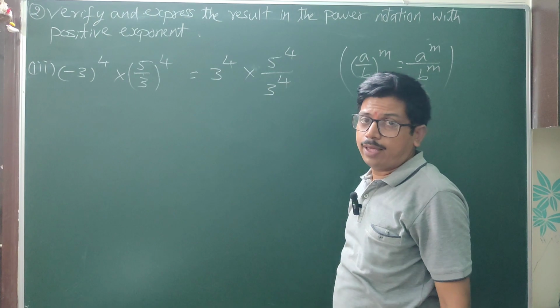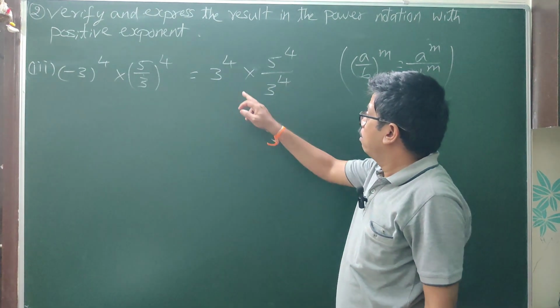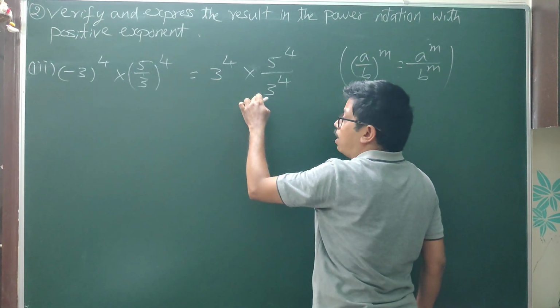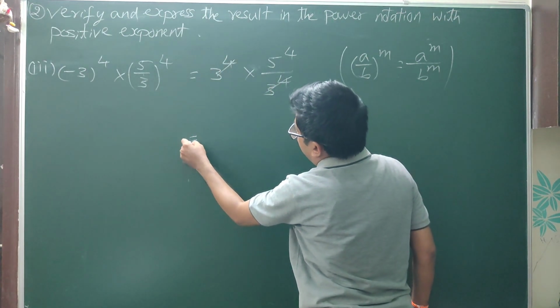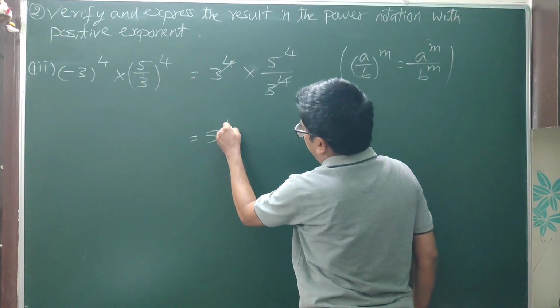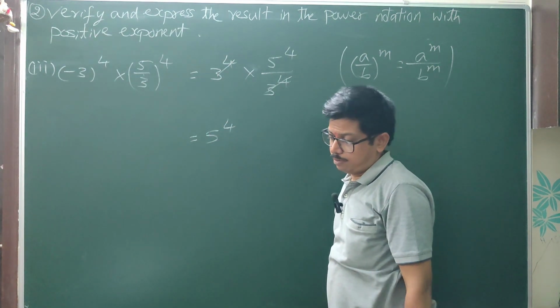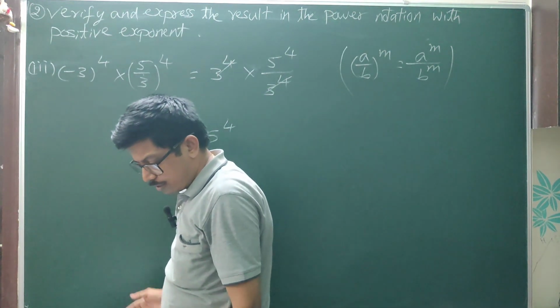So using that one I have written like this. Now this 3 power 4 and 3 power 4 both get cancelled and 5 power 4 will remain, which is the answer. It is a simple problem.